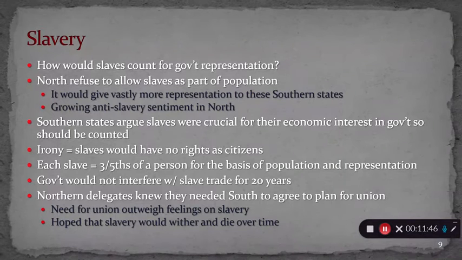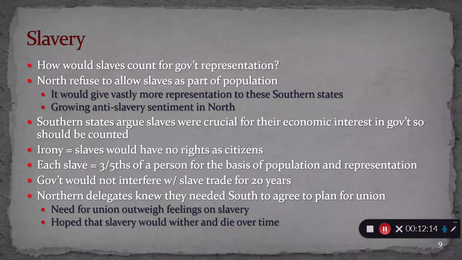But both sides say, you know what? We can't let the United States break apart just a few years after it gets going. And so they come to an agreement that says each enslaved person will count as 3/5 of a person for the basis of population and representation.